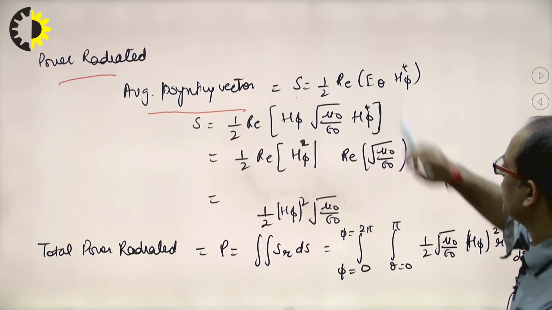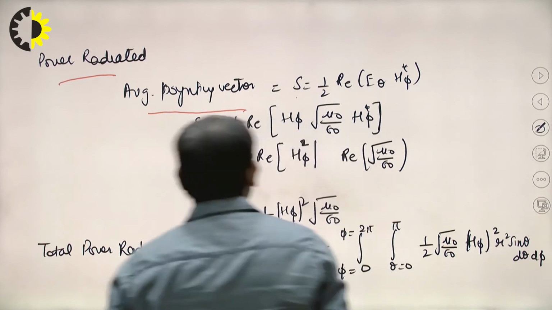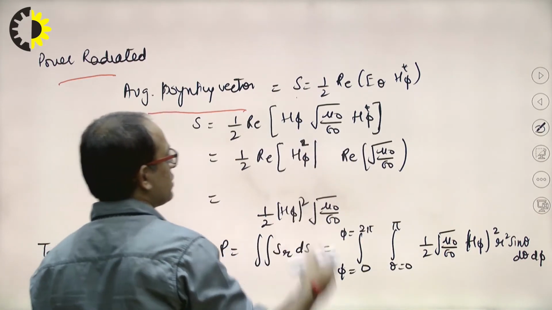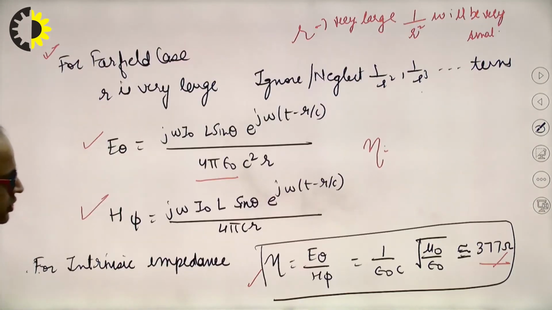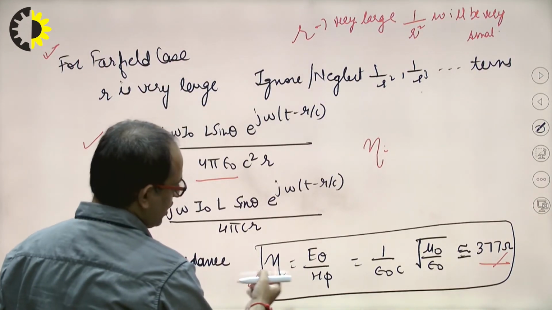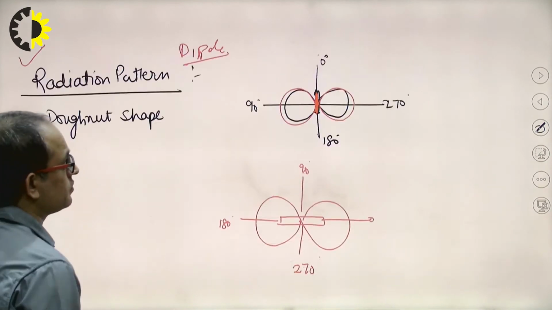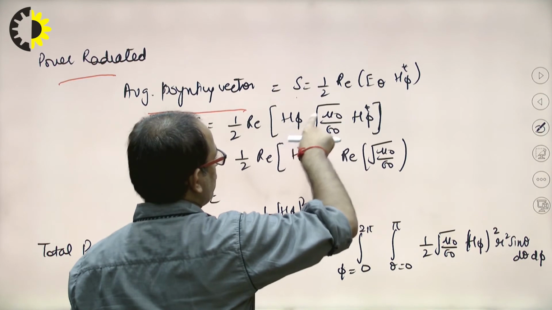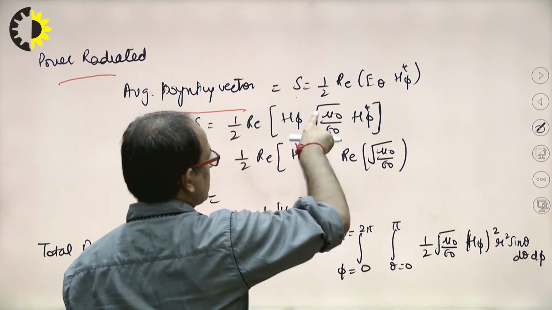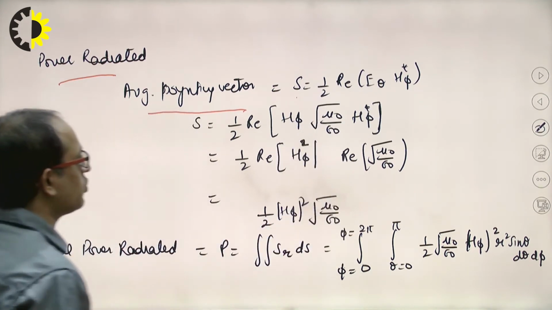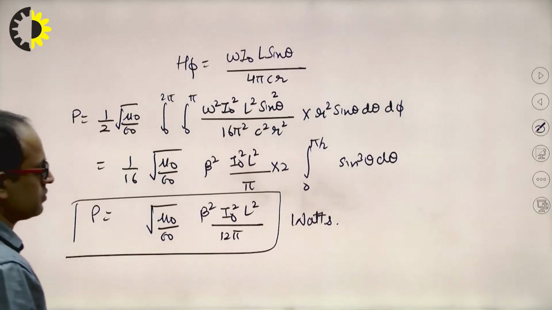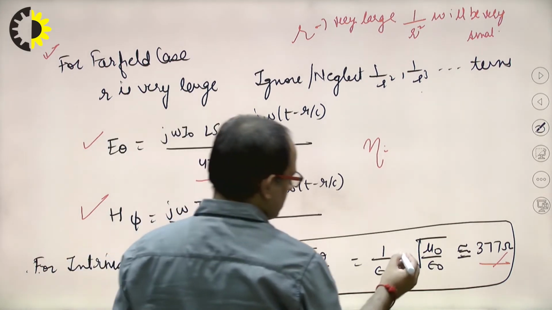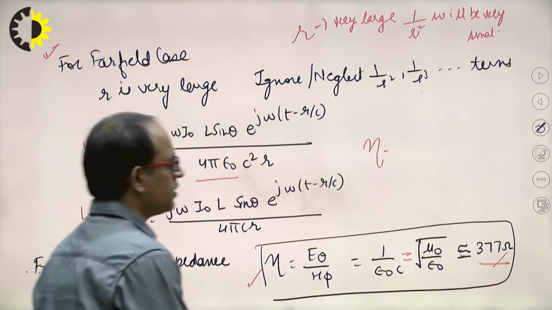Now see, S equals 1 by 2 real part of, just put this value, as we know that E theta equals eta times H phi, and eta is equal to the square root of mu naught by epsilon naught. Clear?